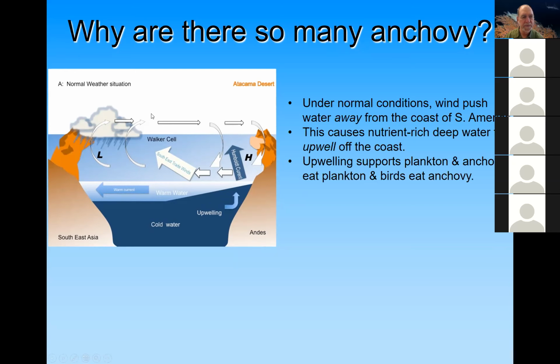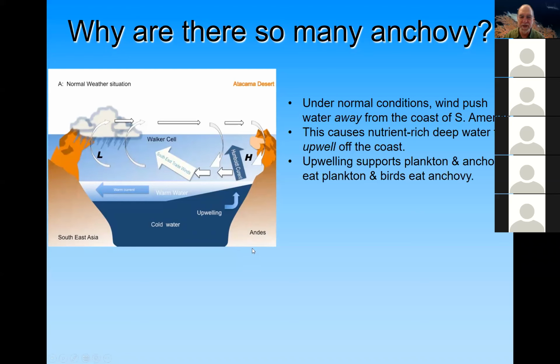In typical situations, there are winds that blow from south to north along the coast of South America. Well, what do we know about wind? When wind starts moving ocean waters, Coriolis is going to deflect that current to the right in the northern hemisphere and to the left in the southern hemisphere.